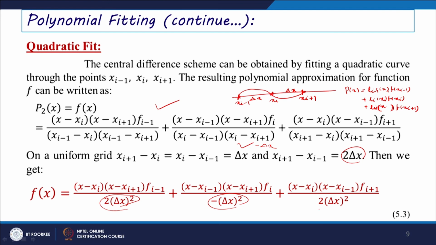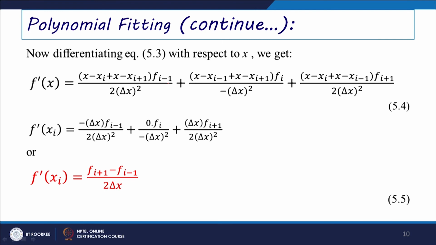If you take the derivative of this function, then f dash of x can be written in the form of (x - xi + x - xi+1) into f of xi-1 by 2 del x whole square, plus (x - xi-1 + x - xi+1) divided by minus delta x whole square into f of xi, plus (x - xi + x - xi-1) into f of xi+1 by 2 del x whole square.